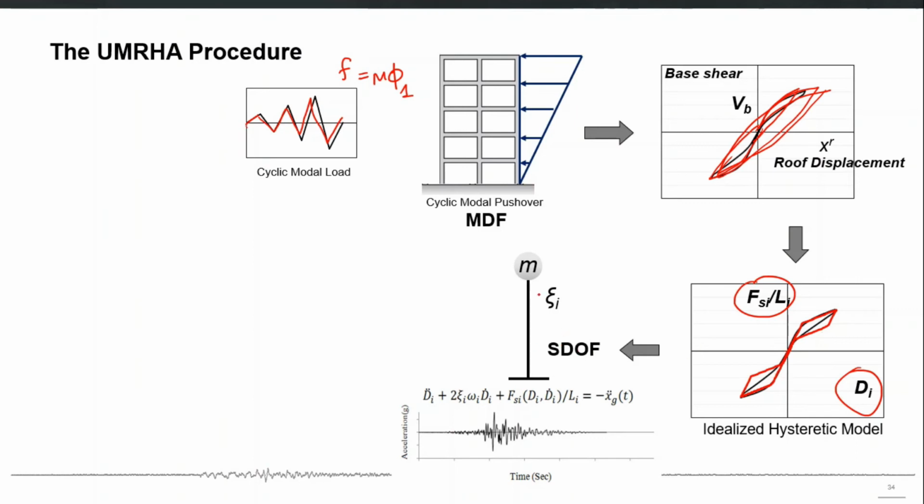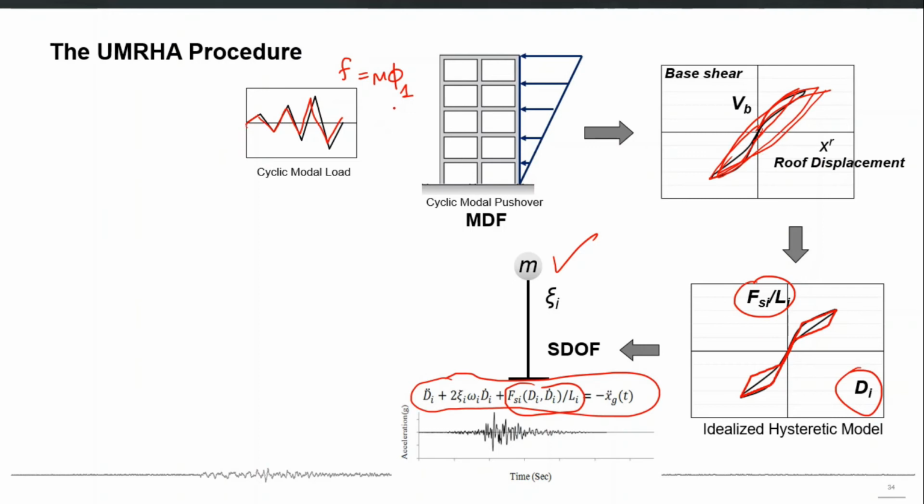Now it is a nonlinear single degree of freedom system representing the response of that particular mode for which we perform that whole process. Subject that single degree of freedom system to an earthquake and solve this equation. This is the equation of a nonlinear single degree of freedom system having a nonlinear force-deformation behavior. That behavior is coming from the cyclic pushover analysis against the modal inertia load pattern of that mode only, right?